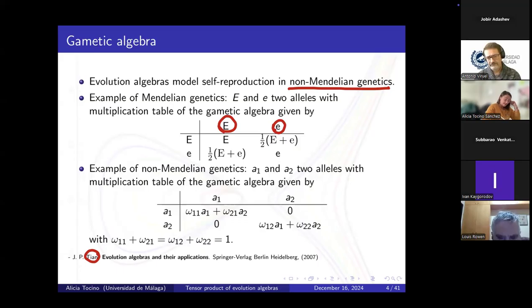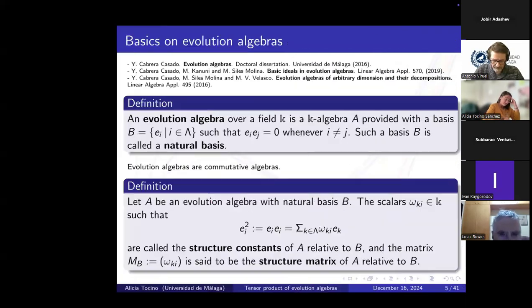When we multiply A1 with A2, and we have a 0 here and a 0 here, this is the case of the evolution algebras. So the multiplication between any two different basis elements is always 0. And this is the starting point of the gametic algebras and of the evolution algebras.